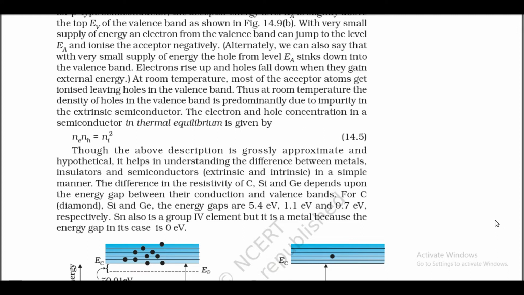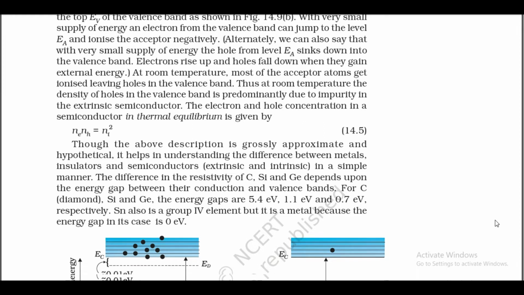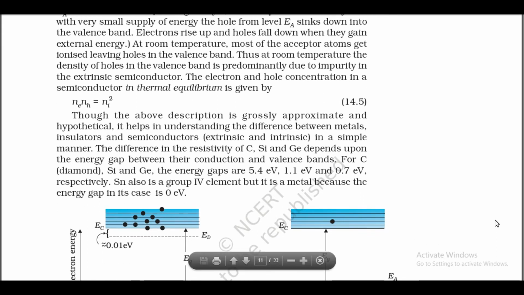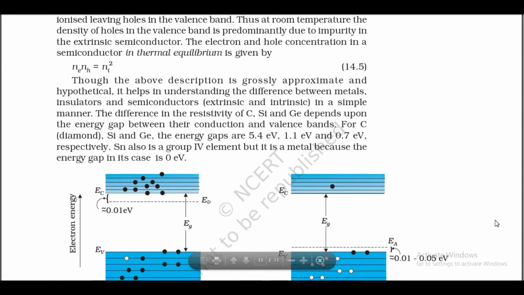For C diamond, Si and Ge, their energy gaps are 5.4 eV, 1.1 eV and 0.7 eV respectively. Sn also is a group 4 element, but it is a metal because the energy gap in its case is 0 eV.